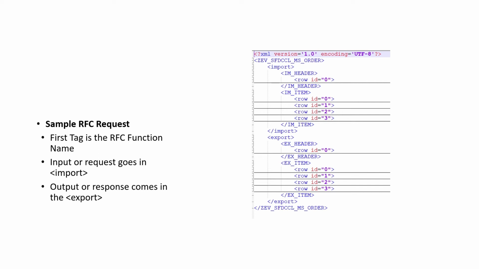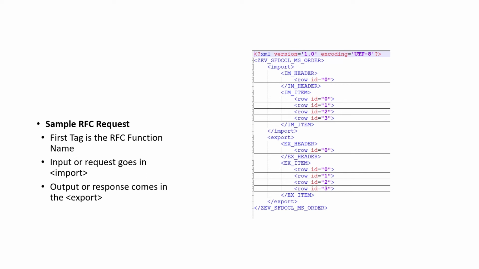The export section contains the response. If you are sending back a response to the function listener, we will form the response payload parameters inside the export. And if we are calling the synchronous RFC, then we will get the responses here in the export section.